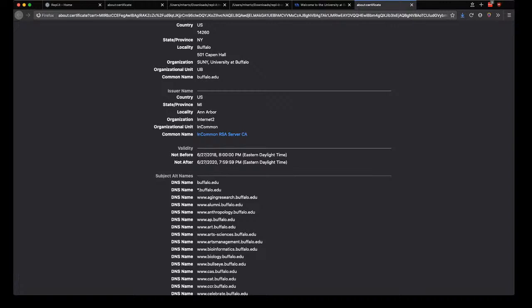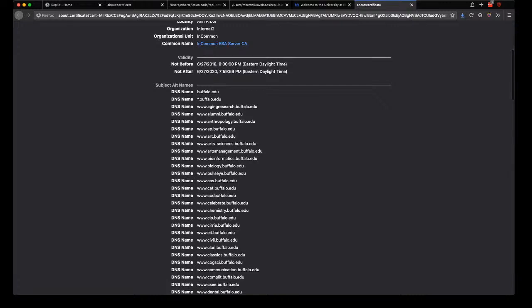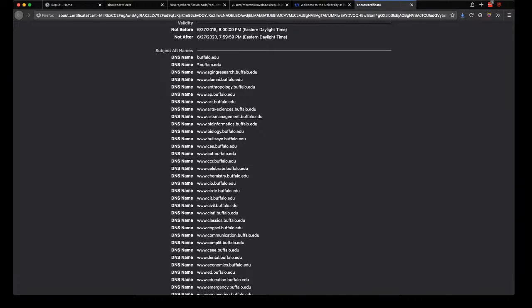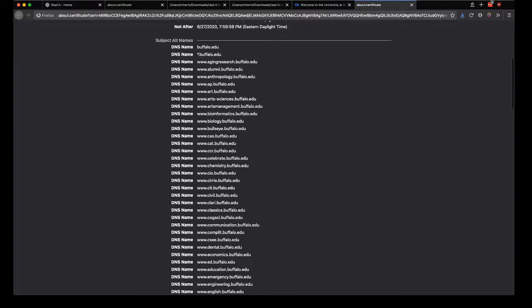And then you can see this long list of web pages, aging research, www.agingresearch.buffalo.edu, www.alumni. Any of these computers, wow, I wonder what Bullseye is. www.bullseye.buffalo.edu, www.cat.buffalo.edu, which I realize has nothing to do with cats, but it just amuses me.